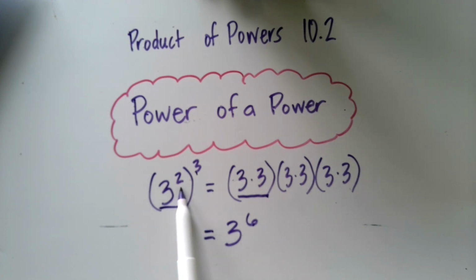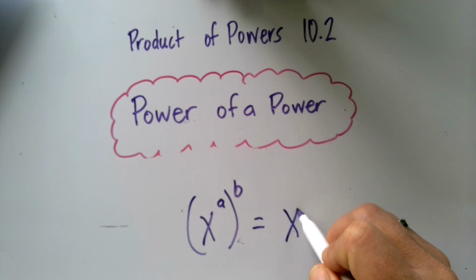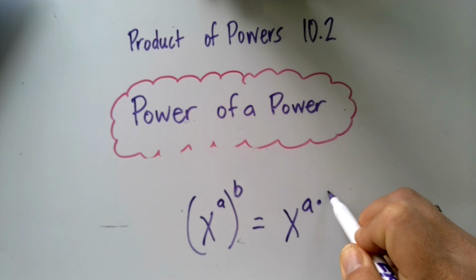So let's look back at these powers here. When we have a base raised to a power, and that whole expression raised to another power, we are going to end up multiplying exponents. So if we were to look at that in general form, if we had some number x raised to the a power and that whole expression raised to the b power, it would end up looking like x to the a times b.